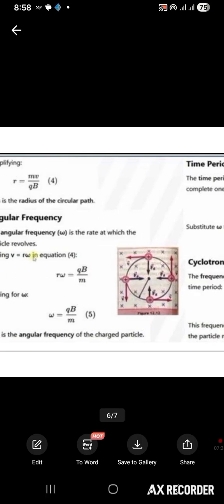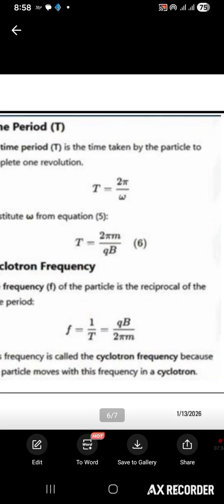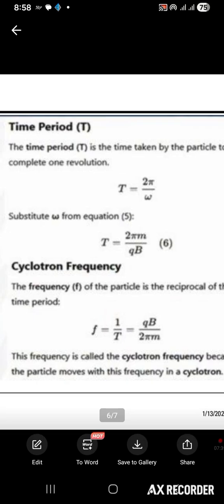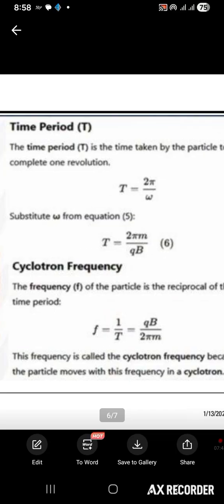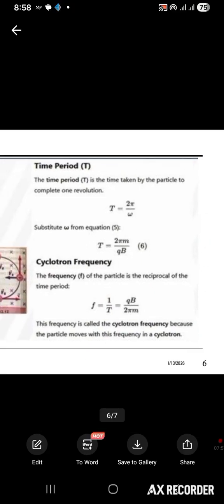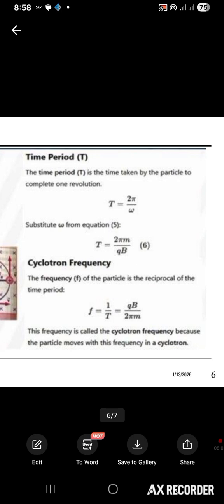Now the value of omega that you have just found from equation 5, when you put it in, you will get the expression for the time period, right? That is equation 6, in which we have only put in the value of omega, that is the angular frequency there. Now we have the time period for the angular frequency, but the time period is the same. Now when you take the reciprocal of this time period, what will you get? The frequency. You know that frequency is the reciprocal of the time period. Now equation 6 will be reverted, right? The reciprocal is equal to the frequency.